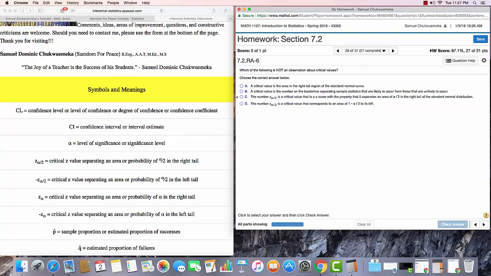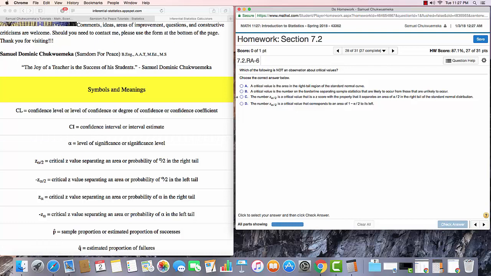But let's look at the other options. B, a critical value is the number on the borderline separating sample statistics that are likely to occur from those that are unlikely to occur. That is correct. C, the number Z subscript alpha over 2 is a critical value that is a z-score with the property that it separates an area of alpha over 2 in the right tail of the standard normal distribution.